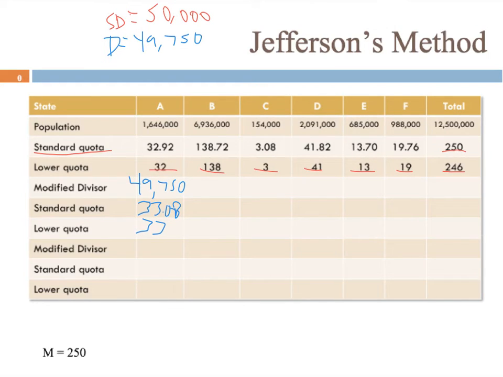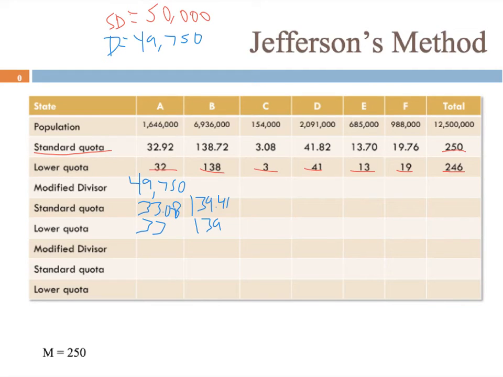The next one, 6,936,000 divided by 49,750, comes out to be 139.41, and so that's 139.